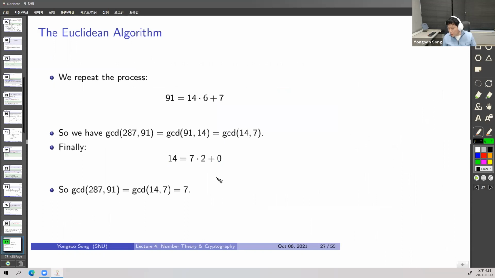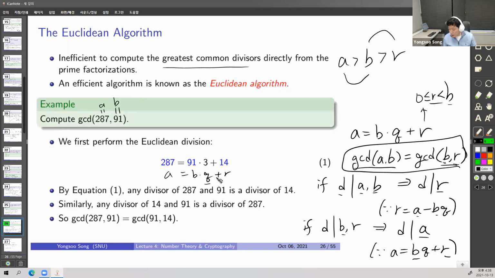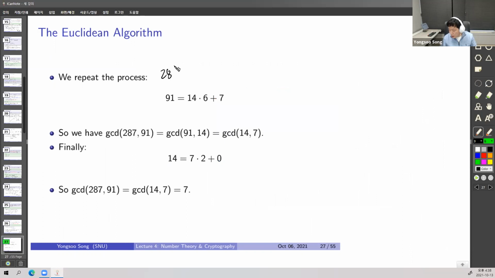So now we repeat the process. In the previous slide, we had A, B, Q, R. Instead of computing the GCD of these two large integers, now we are interested in the GCD of B and R, small integers.